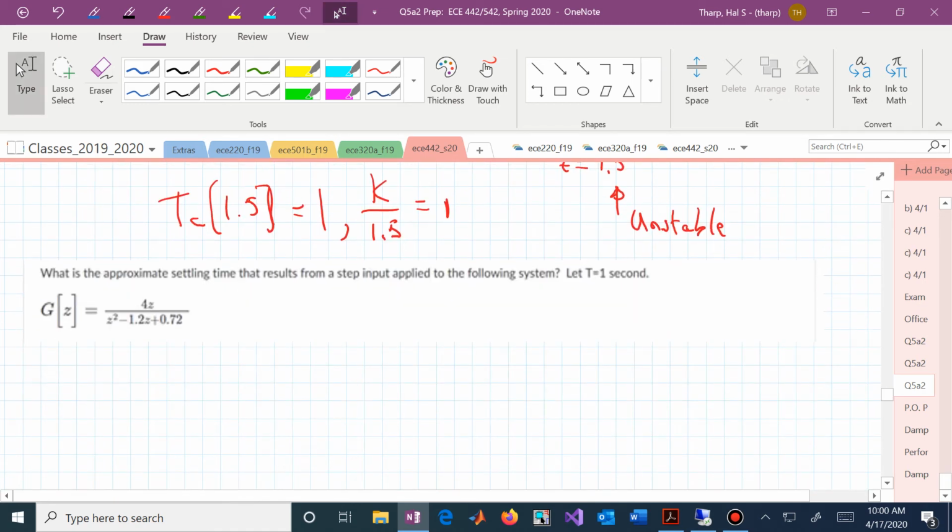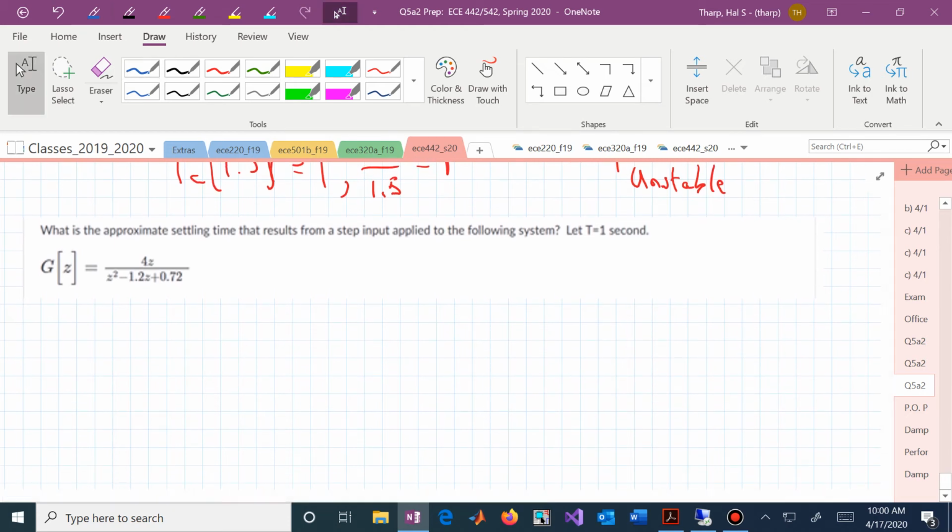What is the appropriate or approximate settling time that results from a step input applied to the following system? Now, if we look at this, our denominator is what's going to influence our settling time.